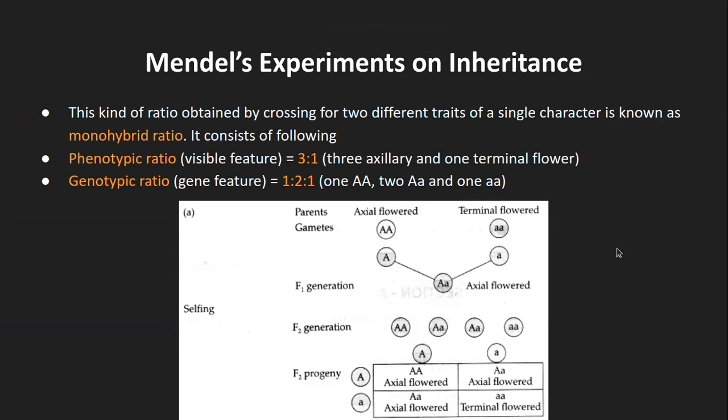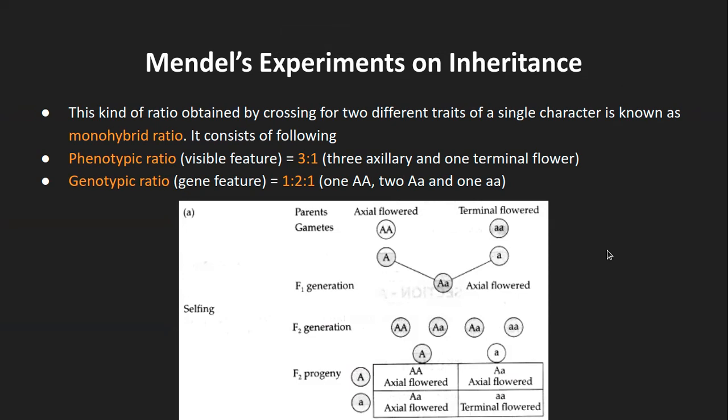In the last class, we had looked at one of the monohybrid crosses with respect to Mendel's experiment, taking the axial and the terminal positions of the flower as one character. So the flower position was one character, which has two alternative forms.